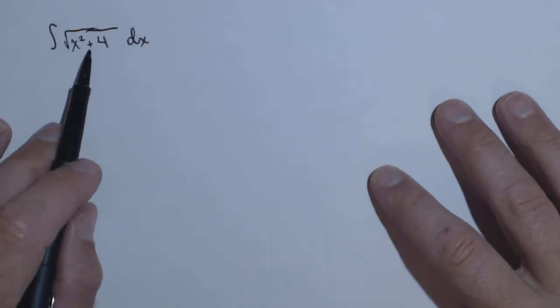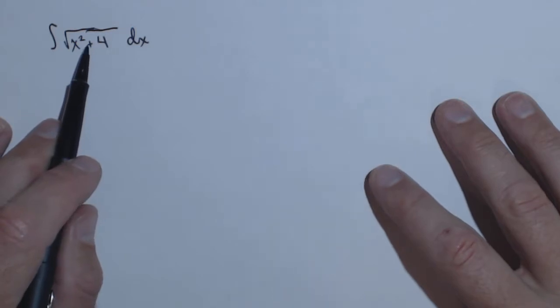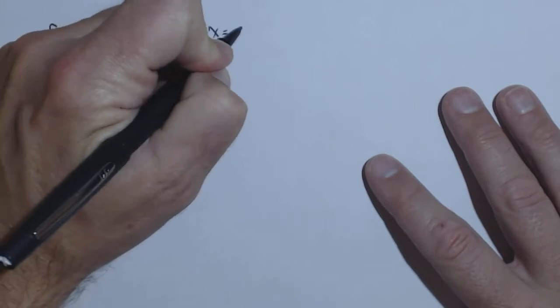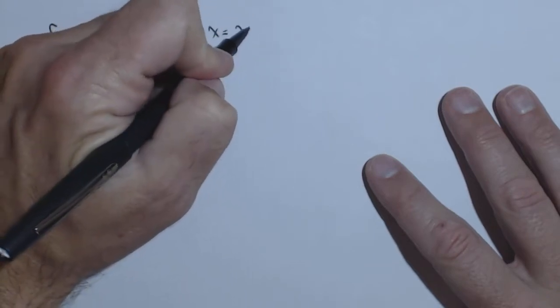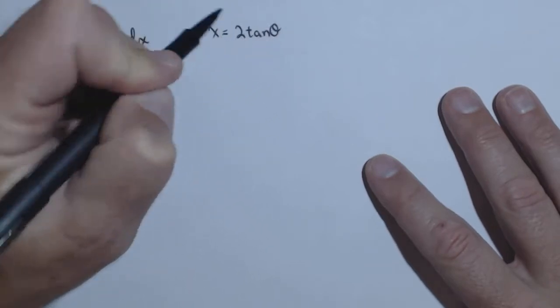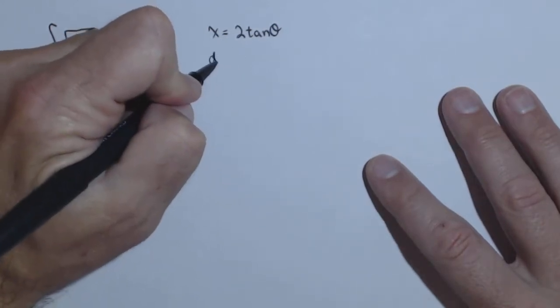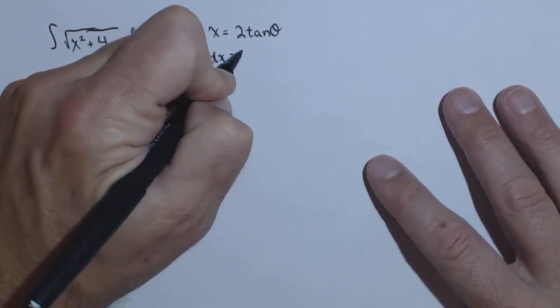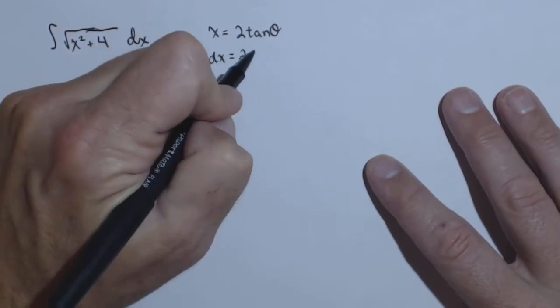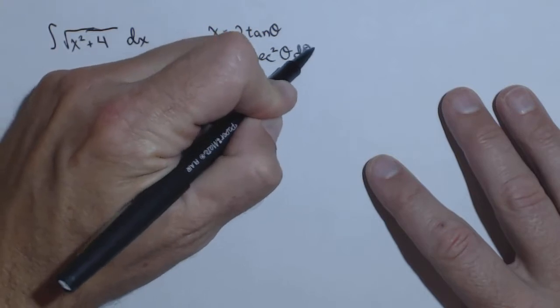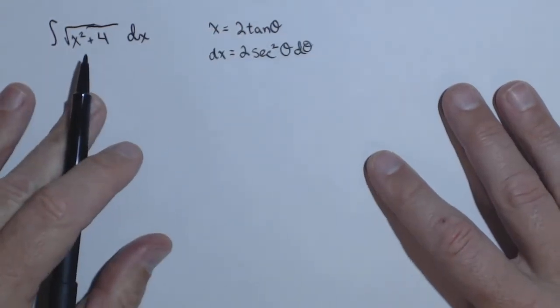So what we have here, because of the plus, this is going to be a trig substitution, and the substitution we're going to want to use is we're going to let x be 2 tangent theta, and you're going to see why very quickly. But before we sub that in, it's always crucial to find your dx right away, because a lot of times that gets forgotten and lost in the mix. So there's our substitutions.